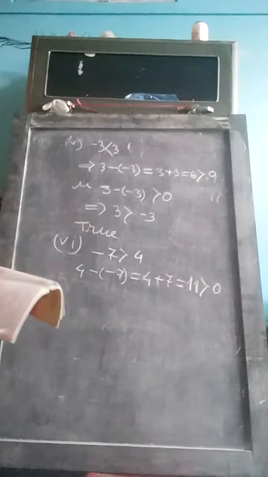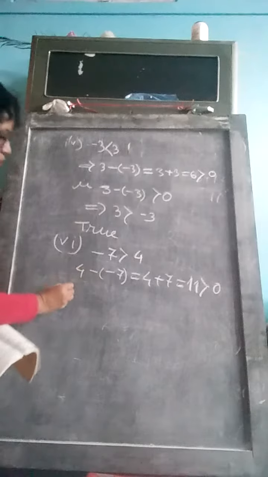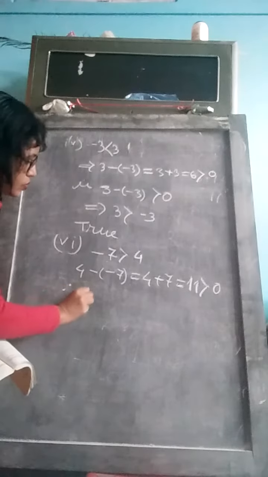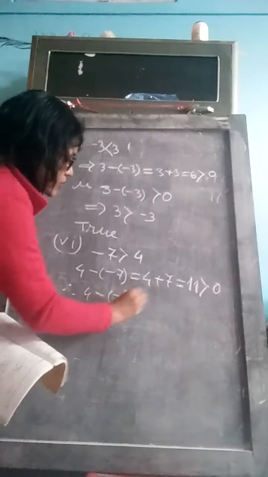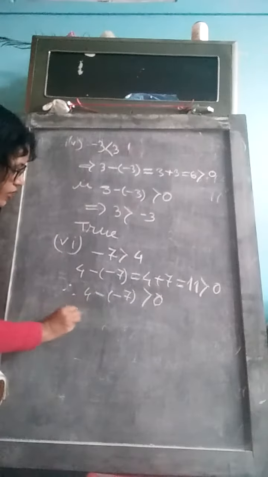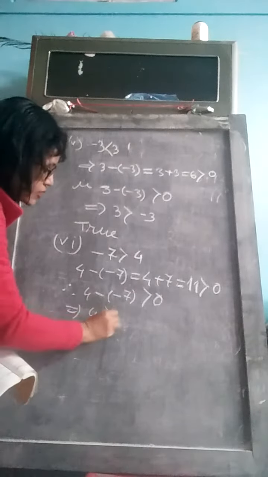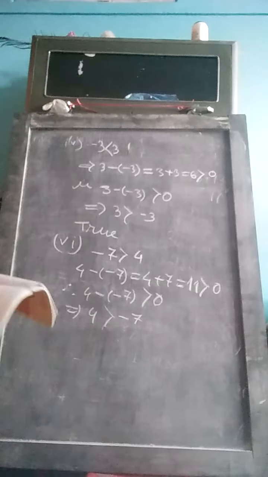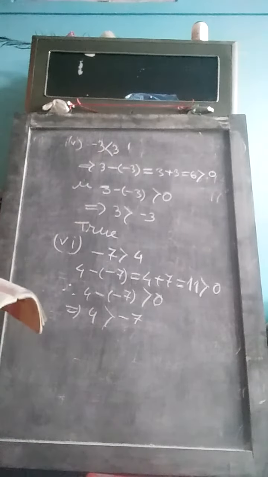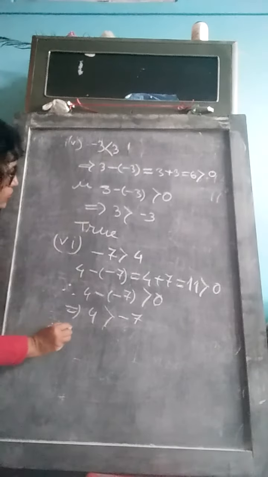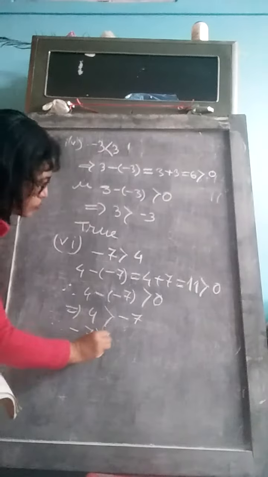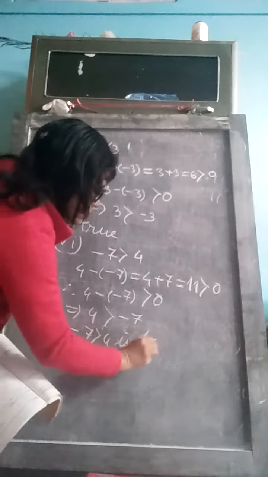It is greater than 0. Therefore, 4 minus minus 7 is greater than 0. This implies 4 is greater than minus 7. So this is false.